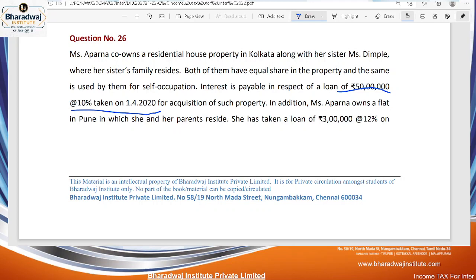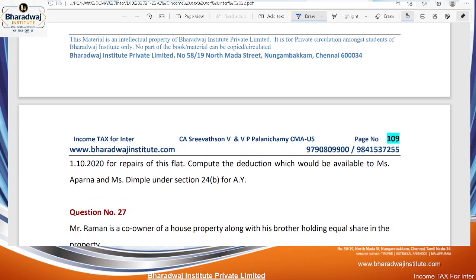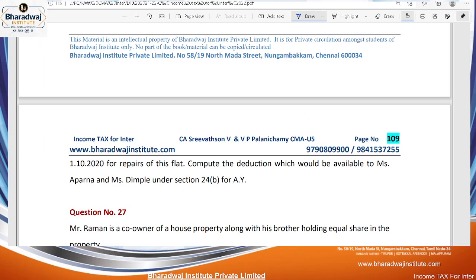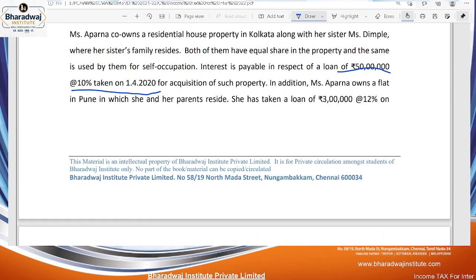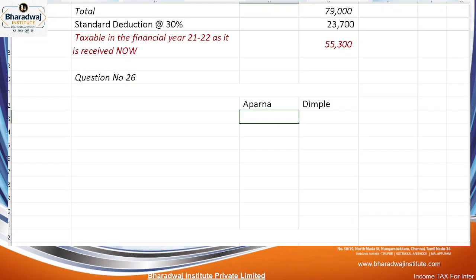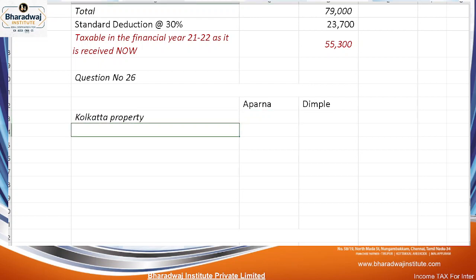Interest on loan taken for repairs you can take separately.